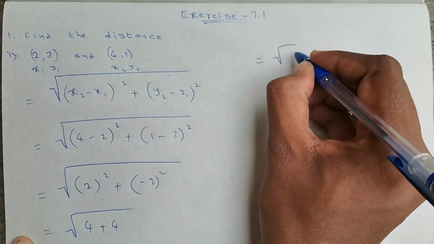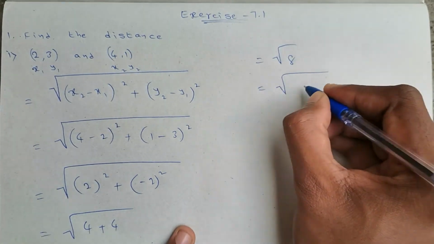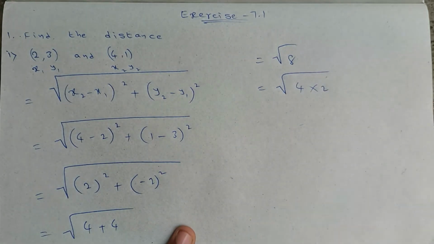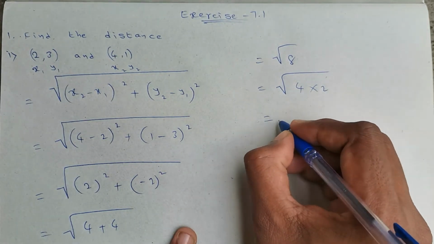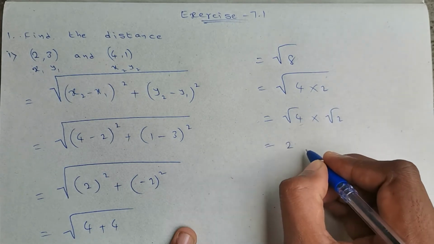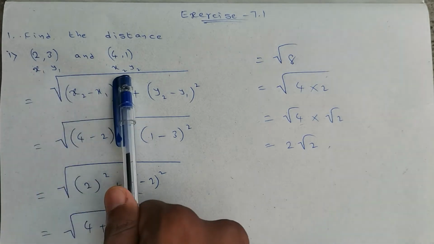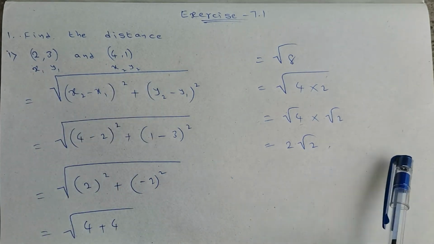So which is equal to root 8. Then this root 8 can be written as under root 4 into 2, which can be written as root 4 into root 2. Root 4 value is 2, so 2 into root 2. So the distance between these two points is 2 root 2.